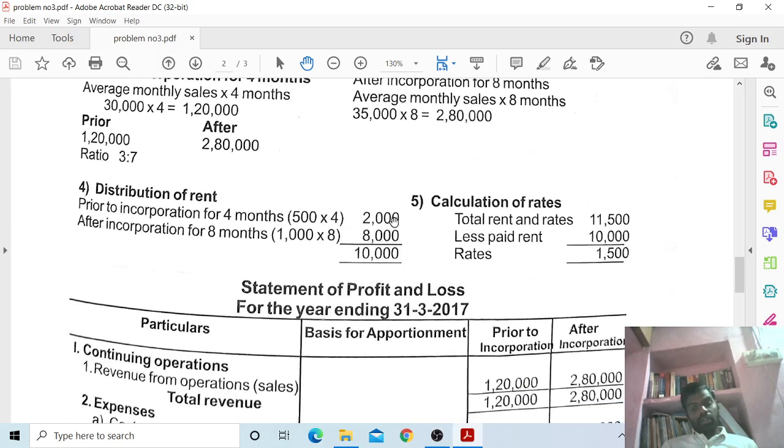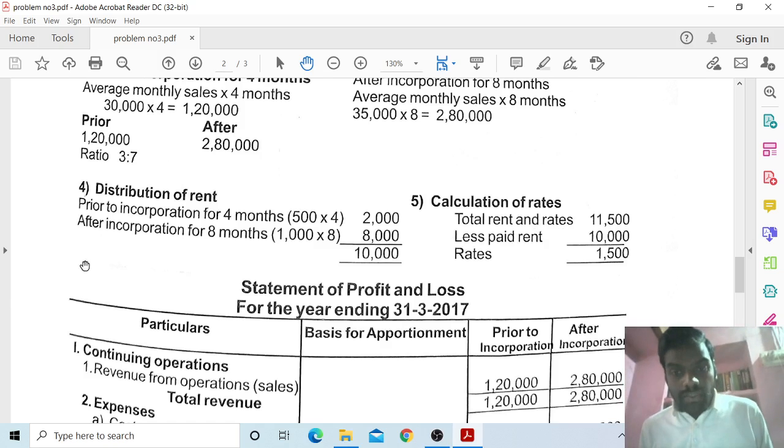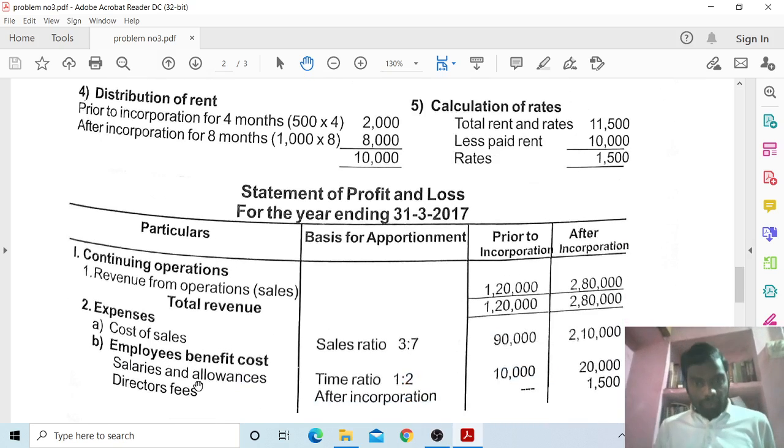Total is 10,000. Total rent and rates is 11,500. So 11,500 less paid rent 10,000, the remaining rates is 1,500. You have to distribute it in the sales ratio.